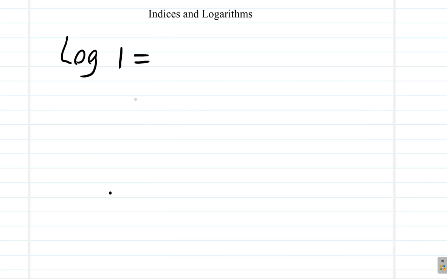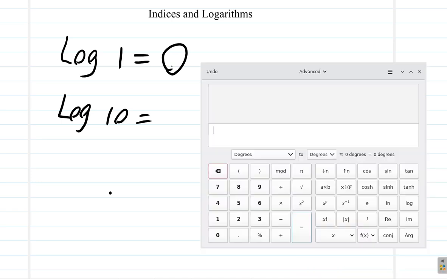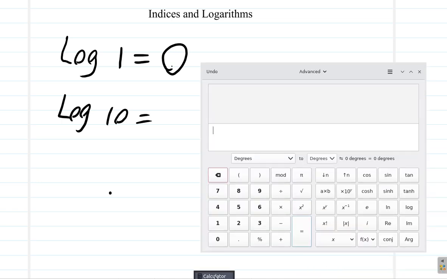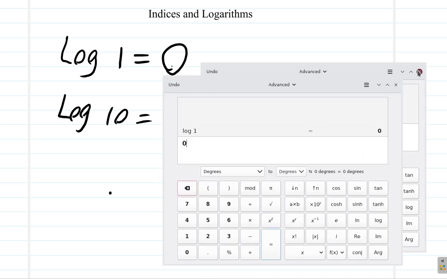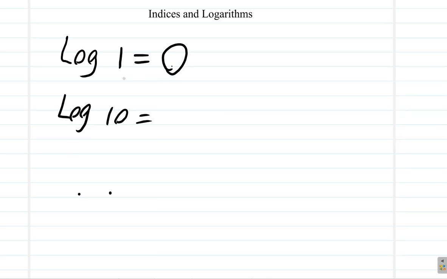The logarithm of 1 is 0. Suppose we find log 10 and we find out what that is equal to. Calculator again. Log 10 equals 1. So we get 1 this time.